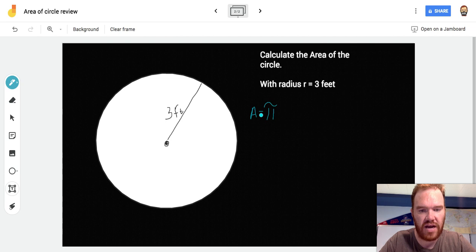The more you write it out, the easier it's going to be for you to remember. So pi r squared. For pi, I'm going to use 3.14 because that's what I'll always use for pi. Now my radius is 3, so I'm going to plug in, and put parentheses here to separate the values.